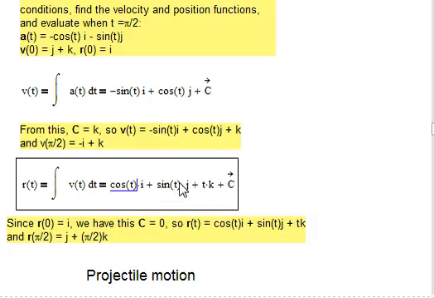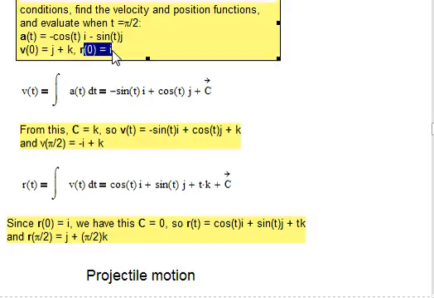The integral of cosine t is sine t j, and the integral of k is t times k instead of 1 times k, plus again a constant vector, the vector of constants from each of those integrations times i, j, and k respectively. But we have an initial condition there that r of 0 is equal to i.